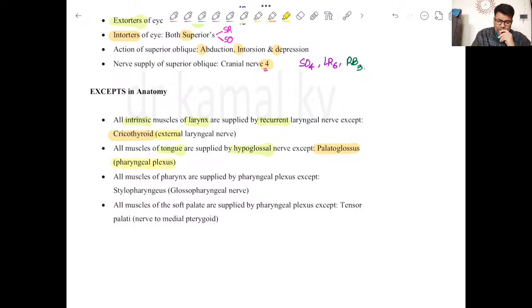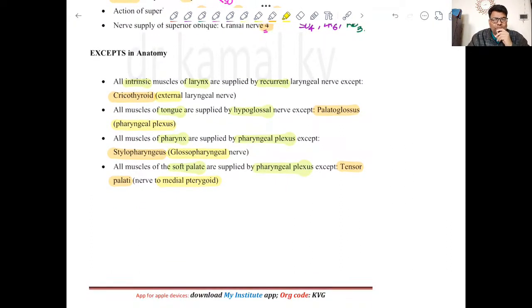Similarly, there is one exception in pharynx, where all the intrinsic muscles of the pharynx are supplied by pharyngeal plexus, but the exception is stylopharyngeus, which is supplied by glossopharyngeal nerve. Remember, pharyngeal plexus 3rd, so stylopharyngeus. And then all the muscles of the soft palate are supplied by pharyngeal plexus, except tensor palati, which is supplied by nerve to medial pterygoid. So these are some exceptions to the rule of common nerve supply to a group of intrinsic muscles.